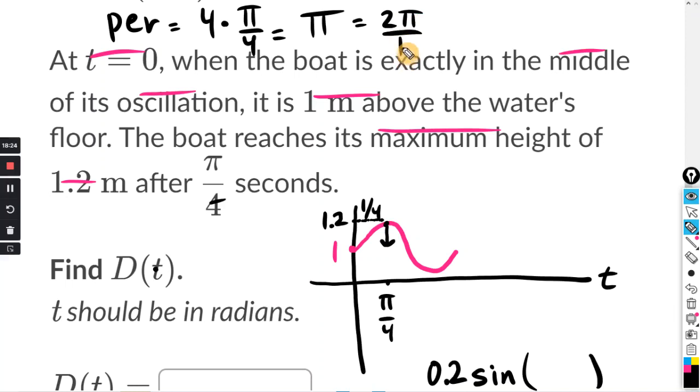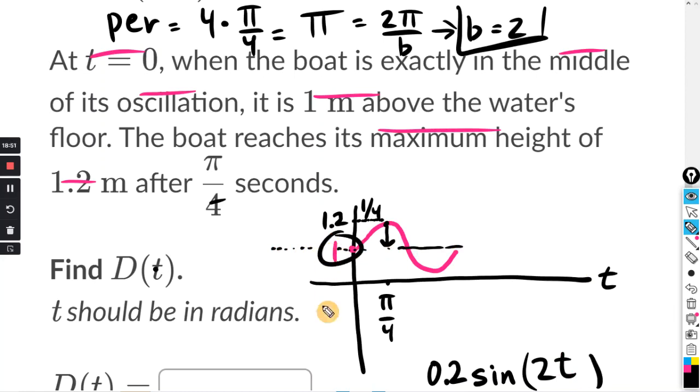The formula for period is 2 pi over b. Okay, so clearly b is going to be 2. So that's the number that's multiplied by t. Normally it's multiplied by x, but we're using t. So in the parentheses, it's just going to be a 2t. And now the midline is the easiest. That horizontal line that goes right down the middle, that's at 1.